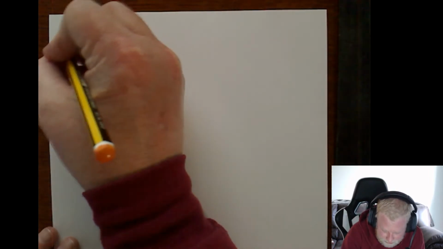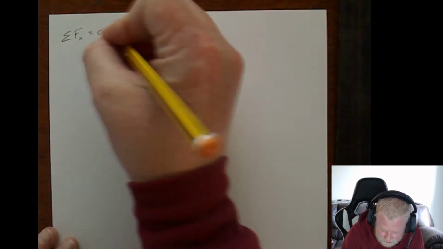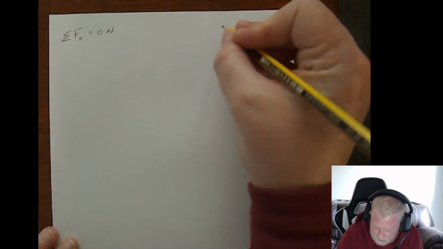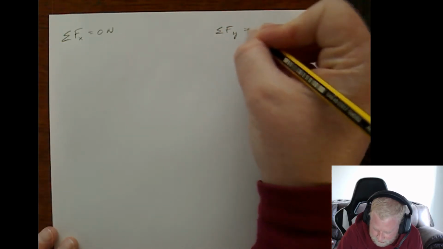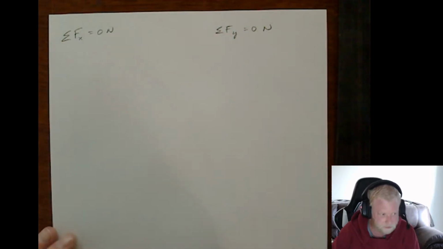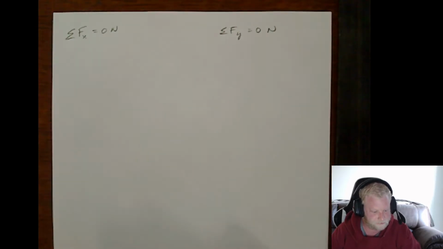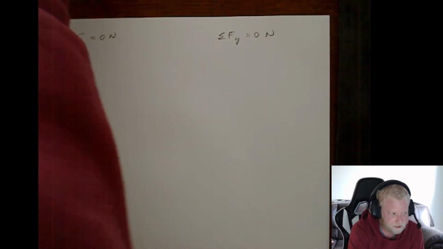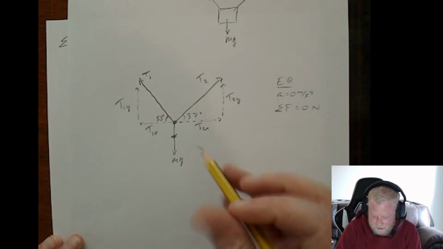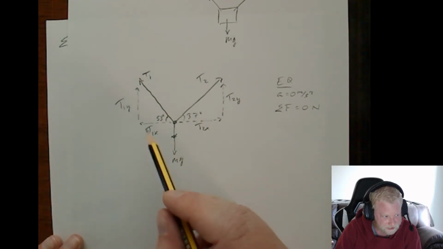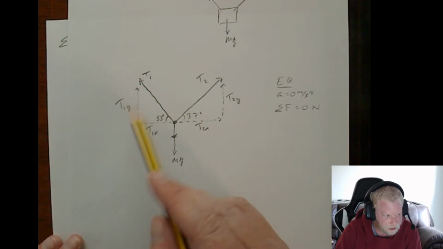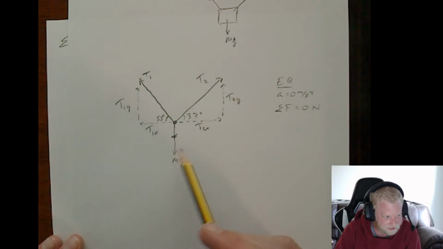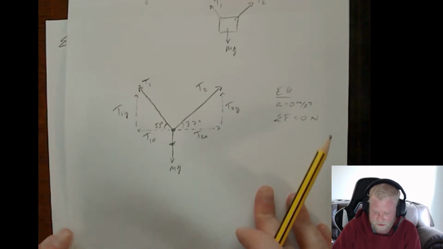So net force in the horizontal is 0. Net force in the vertical is also 0. All right, so two simple statements. So let's go ahead and expand. If we look at our free body, in the horizontal, we've got T2x balancing out T1x, and we have T1y and T2y balancing out the gravitational force.